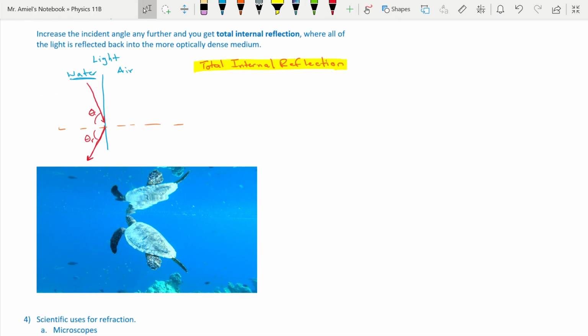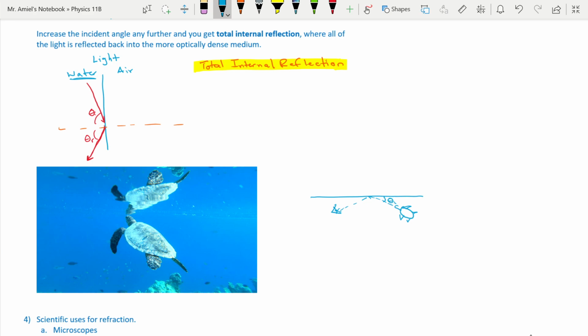Now this creates a cool illusion, like with the sea turtle here. Based on the angle that you're seeing this sea turtle at, so if we draw what's going on here, you have your turtle, and you have you observing the turtle. What you have is all of the light coming from the turtle being reflected.